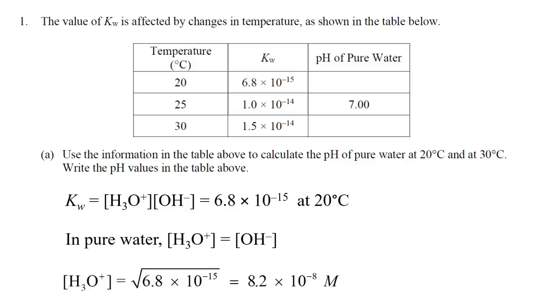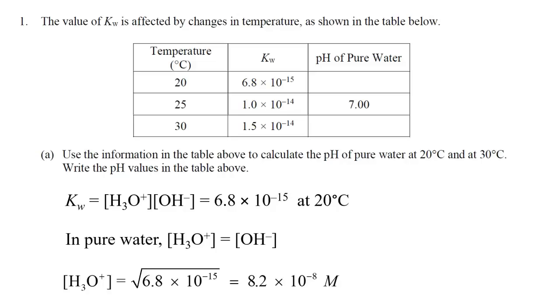So in a sample of pure water, the concentration of the hydronium ion is going to equal the square root of this Kw value, which is 6.8 times 10 to the negative 15. So we take the square root of that number and we get 8.2 times 10 to the negative 8 moles per liter. So that value is the concentration of the hydronium ion in a sample of pure water at 20 degrees Celsius.